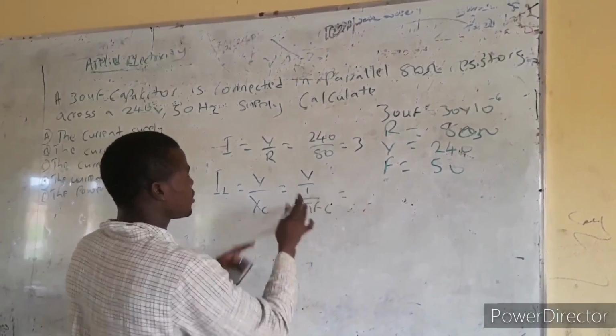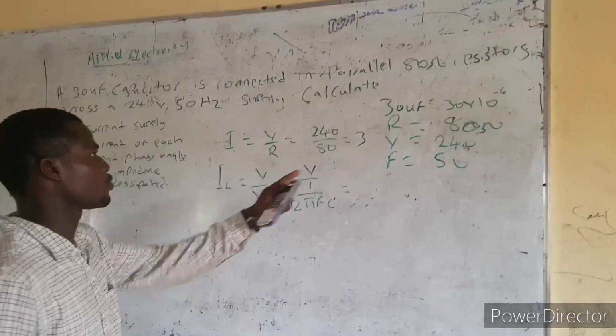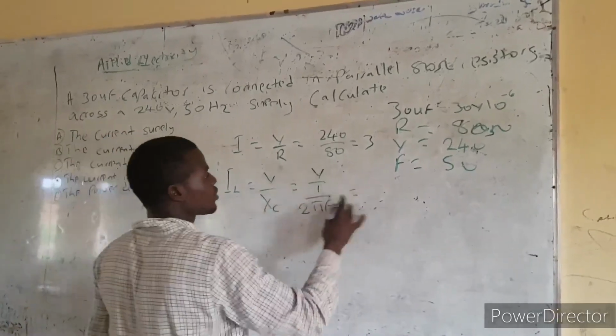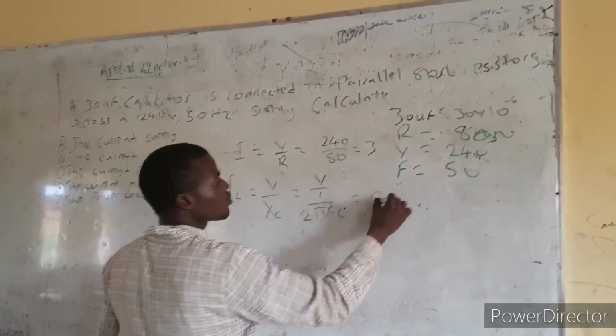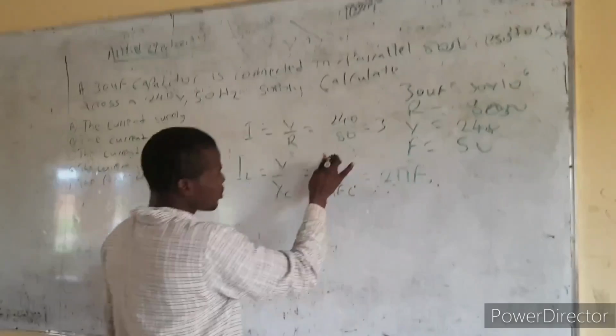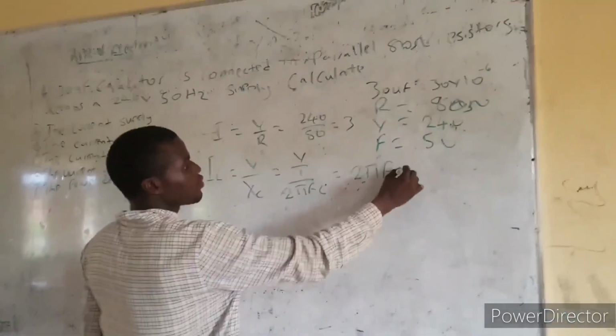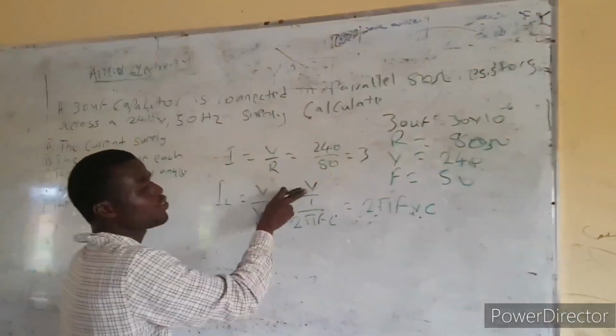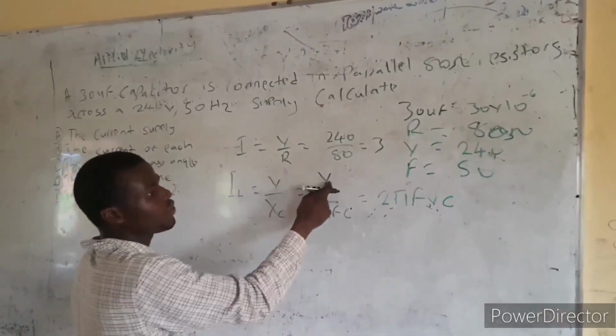Now we have to turn this into a formula for us to solve the equation. So it's going to be 2 pi F, and this V becomes VC. Remember, the V is our voltage.